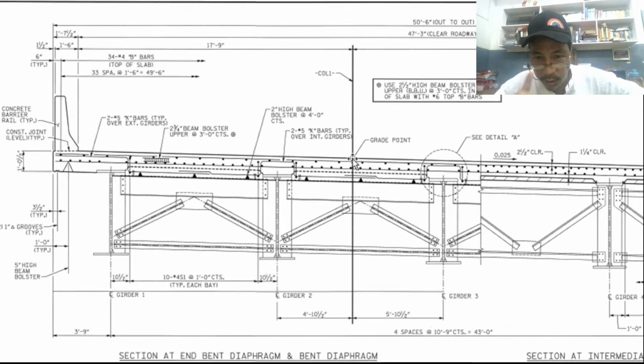Please give me the benefit of the doubt with that, if the grade point is below the wearing surface or on top of the wearing surface. So here we have only what we call grade point. This is the line for column 1.